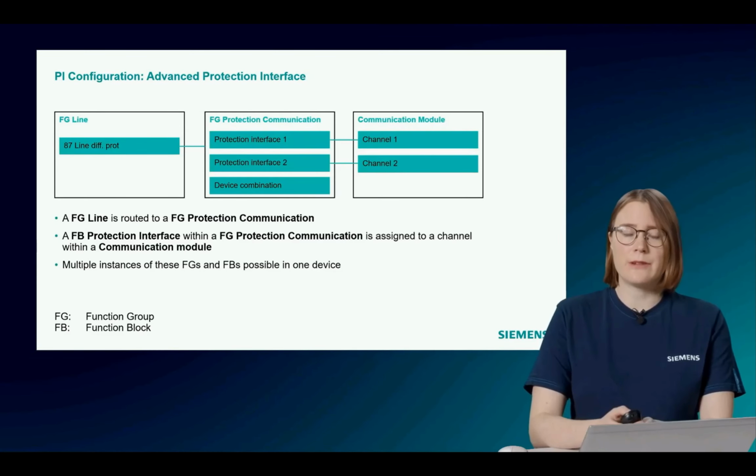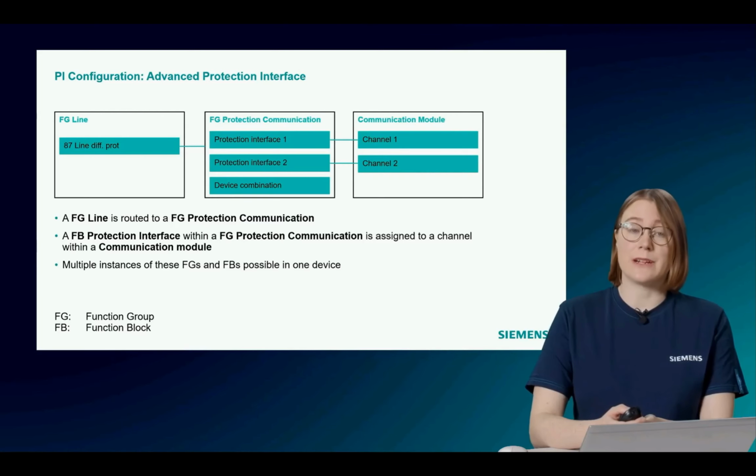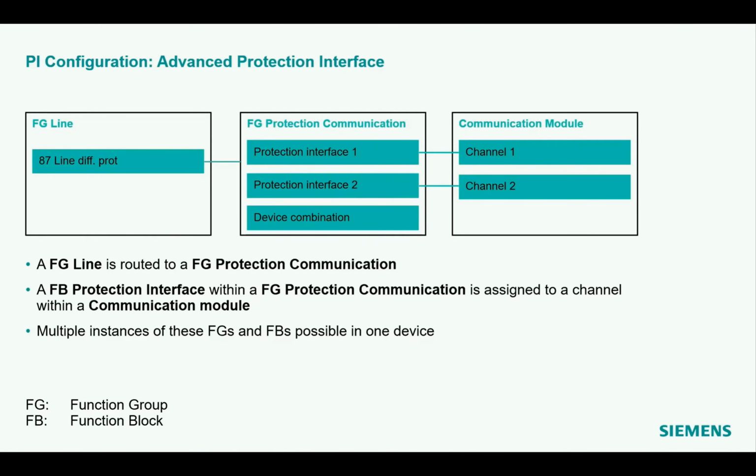The configuration workflow for the protection communication that I will demonstrate is the so-called Advanced Protection Interface. This slide is an overview of the functional architecture. We have a function group line as digital representative of our transmission line with the main protection function 87L running in it.